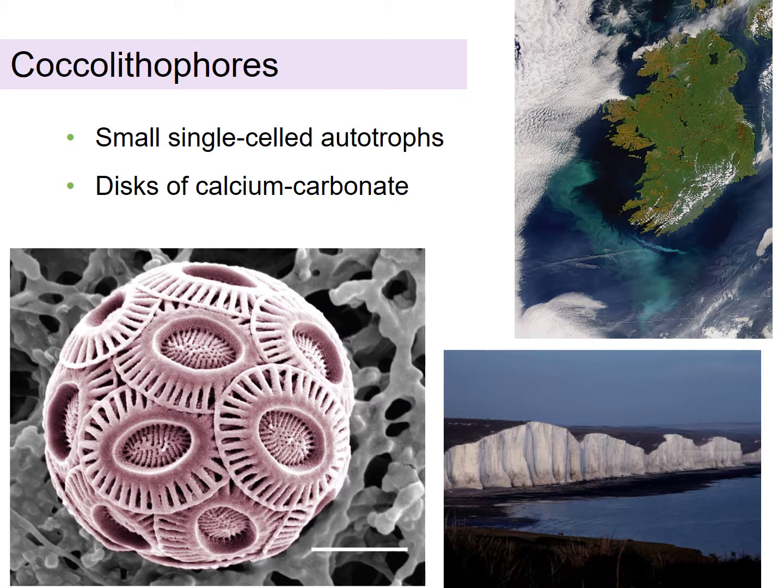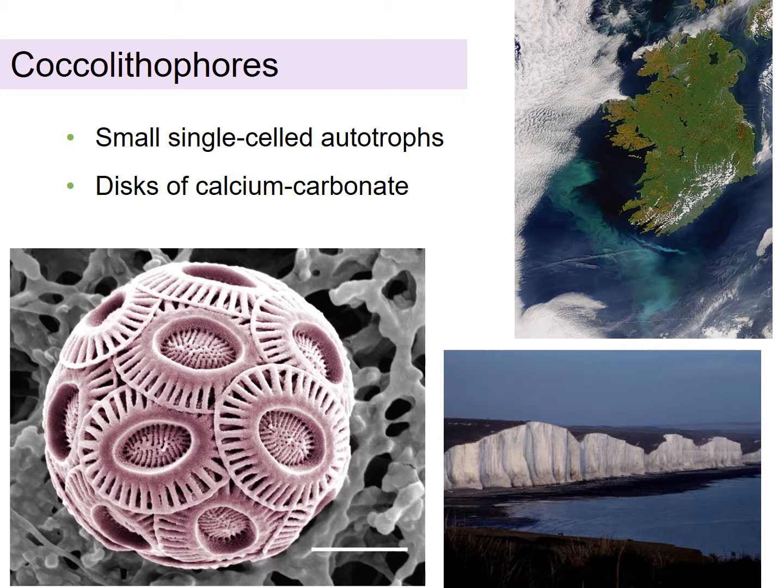The last phytoplankton I want to introduce you to in this topic are coccolithophores. They are also small single-celled autotrophs, so they photosynthesize. Their discs that you see in the lower left image are made out of calcium carbonate, and these are microscopic organisms.